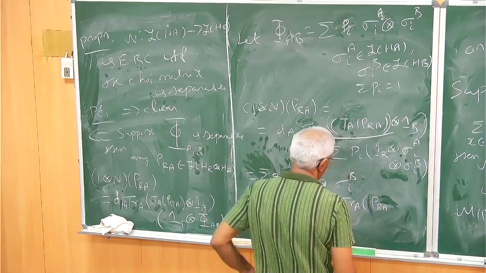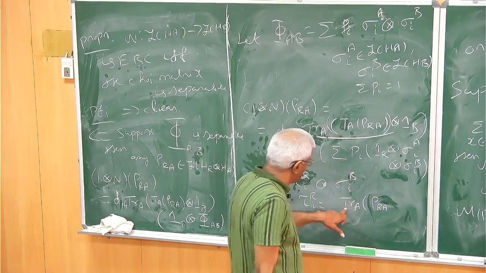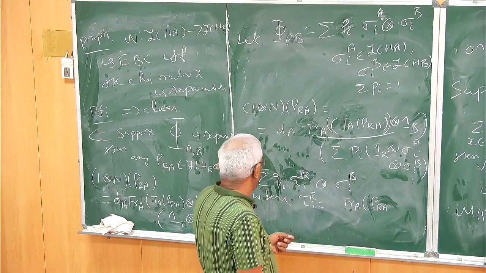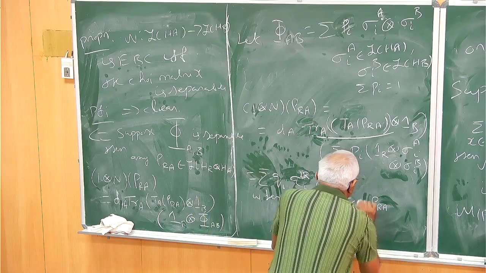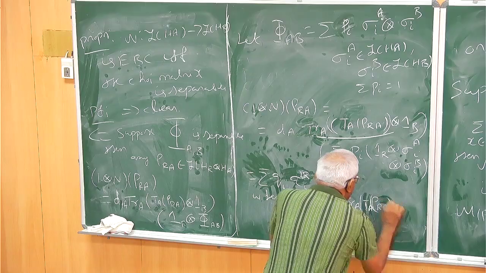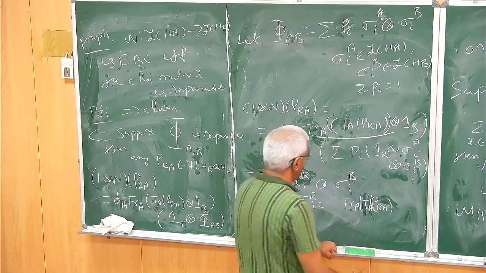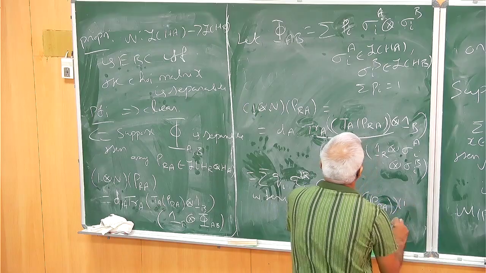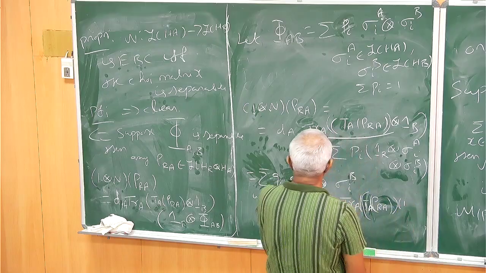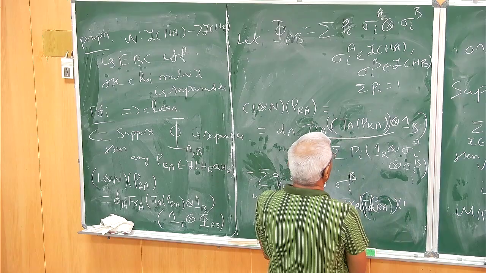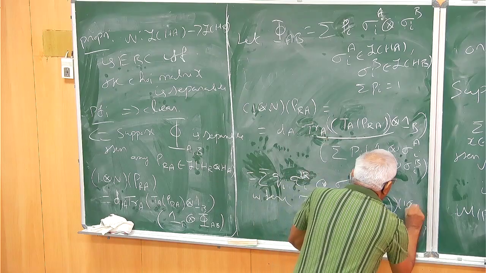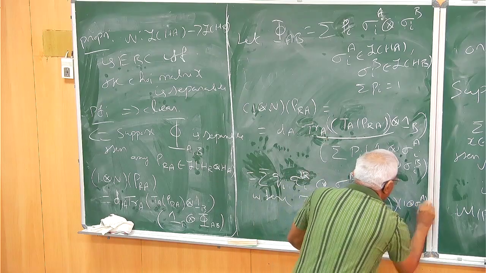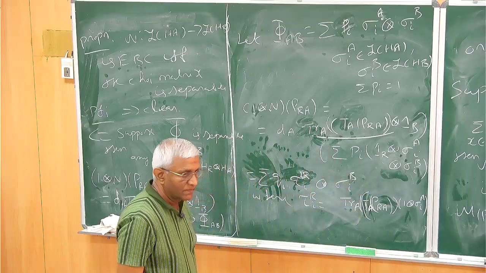This is partial transpose. Actually, when you want to take the trace A of this, TA of this times one tensor sigma AI, that is what is remaining.